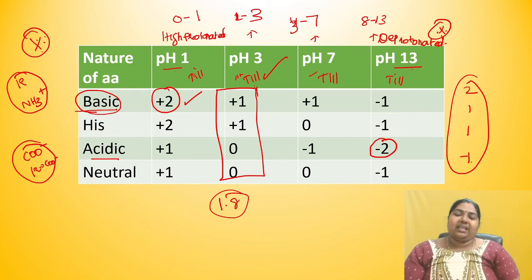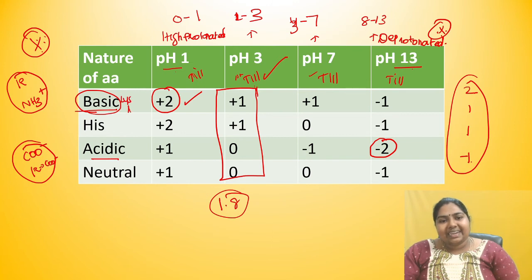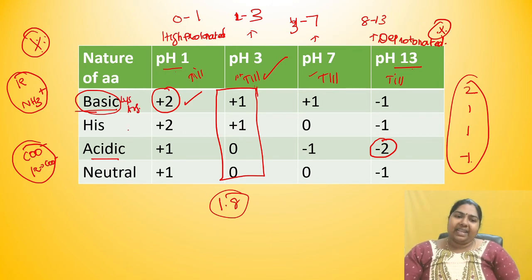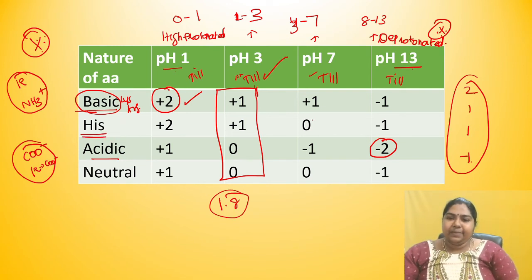Basic includes your lysine and arginine. But histidine is a little bit different, and the difference alone you have to study. At pH 7, it is almost 0, but all other values remain the same. At pH 7, it behaves almost neutral. That is the charm of histidine.